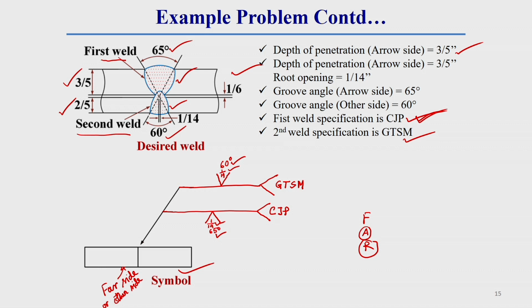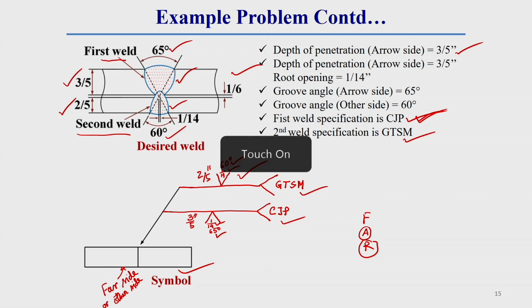So for the first operation we write 3/5 inch, and for the second operation the depth of penetration should be 2/5 inch. Just by seeing this information, we can know what welding operation to do, what joint preparation we have to do, and what reference we have to provide. If we know the welding symbol in detail, we can do all the detailed welding operations.